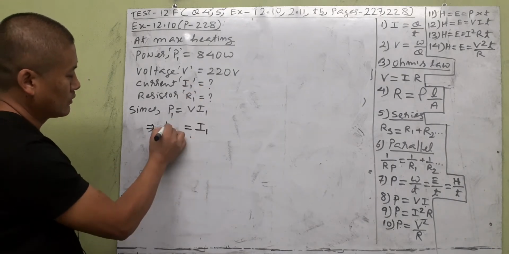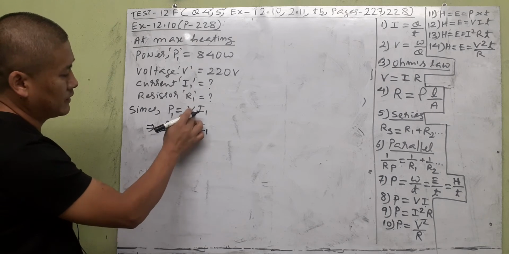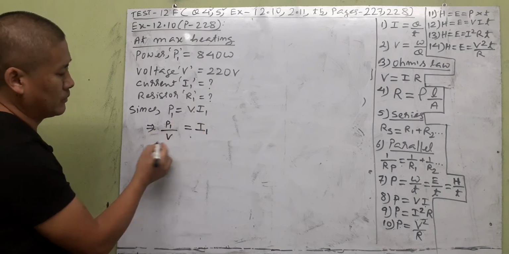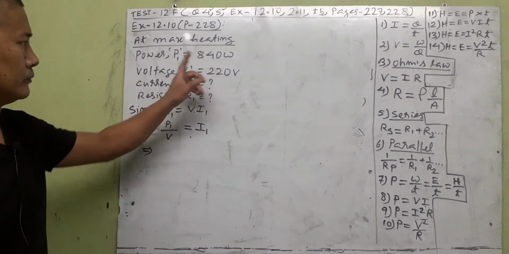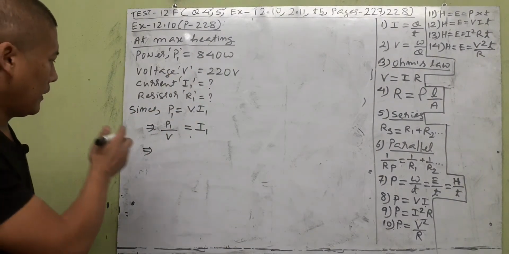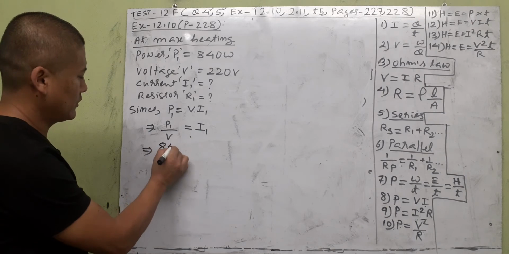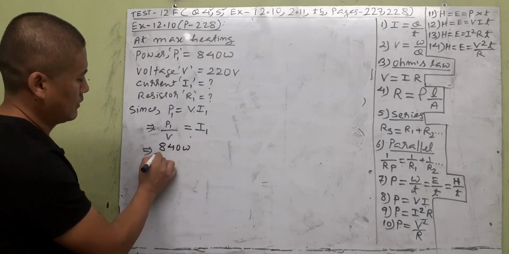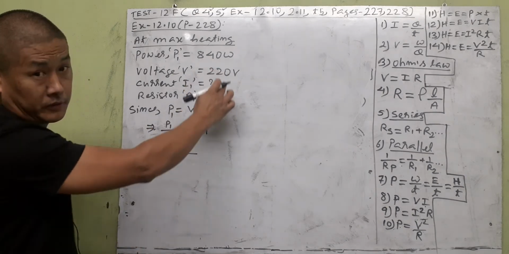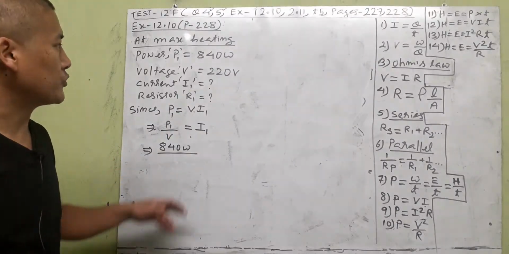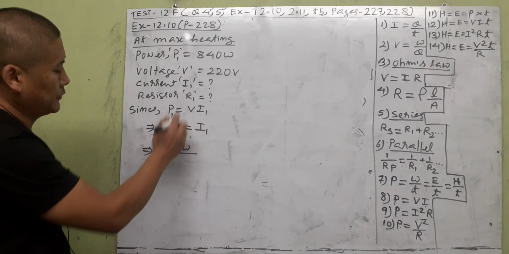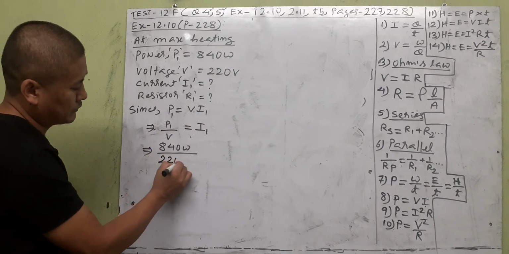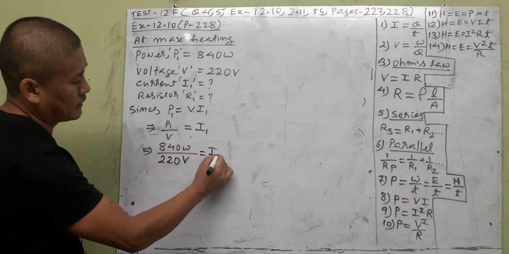So V will go to the denominator. So I1 is P1, which is 840 watt, divided by V, 220 volt. Everything is already in SI unit, so we don't need to convert.